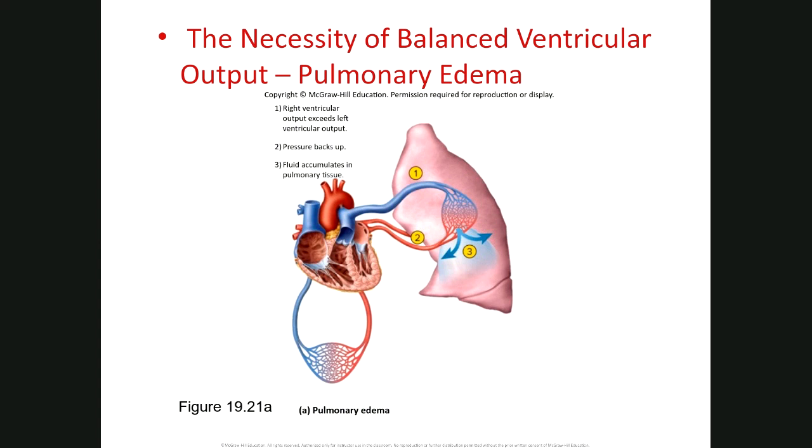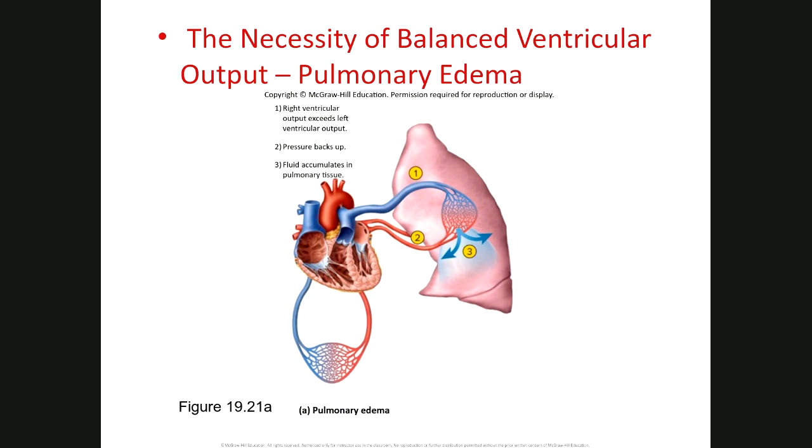So this time, pulmonary edema was created not because of backflow, but actually a forward flow, because the right ventricle is this time too powerful, not like the left ventricle that's weak. So pulmonary edema in an overpowerful ventricle can be caused by right ventricular overpowerful contraction.